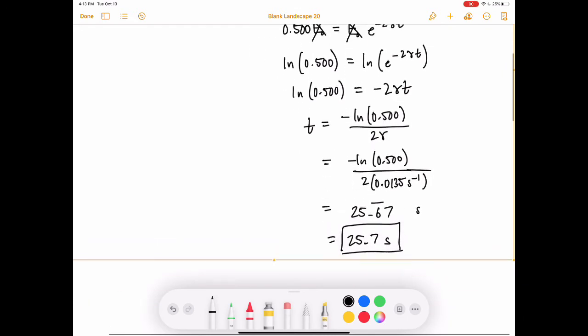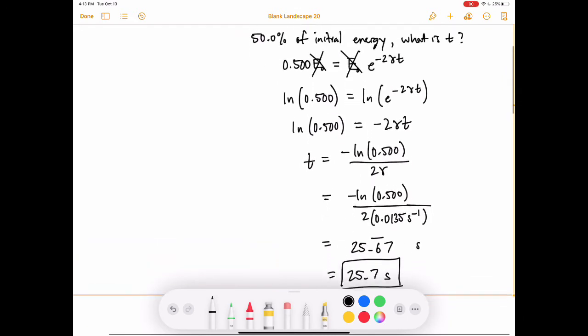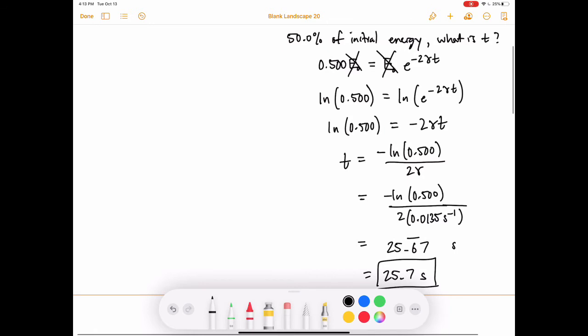So the second question is basically the same thing, except now we're at 10% of initial energy. And then the question is, again, what is t? So here, we're going to set up the equation in the same exact way.